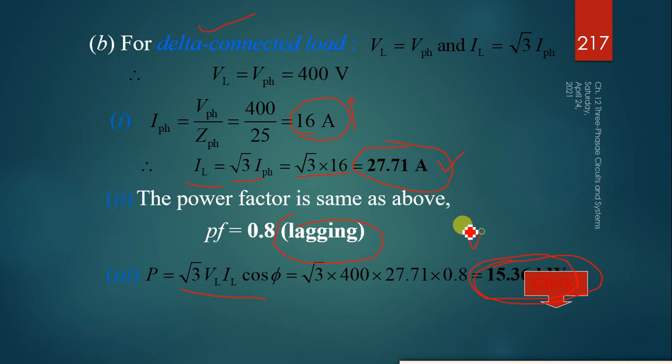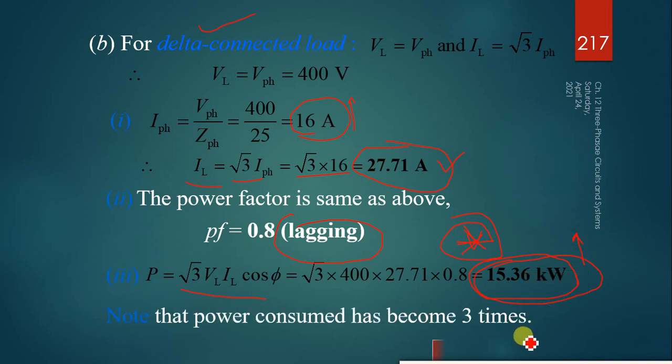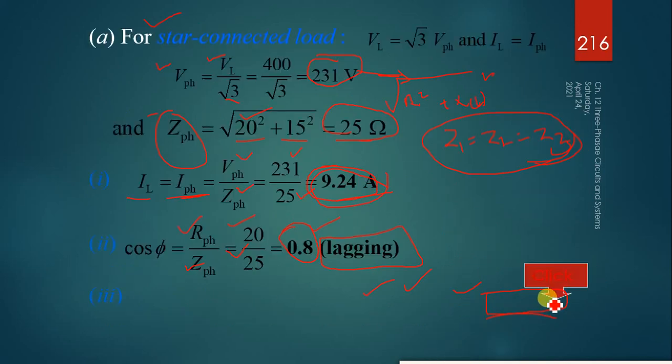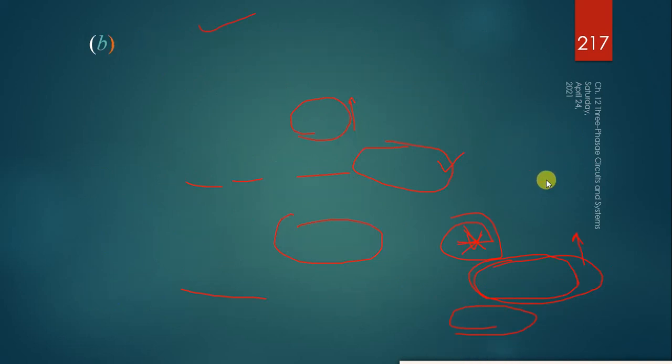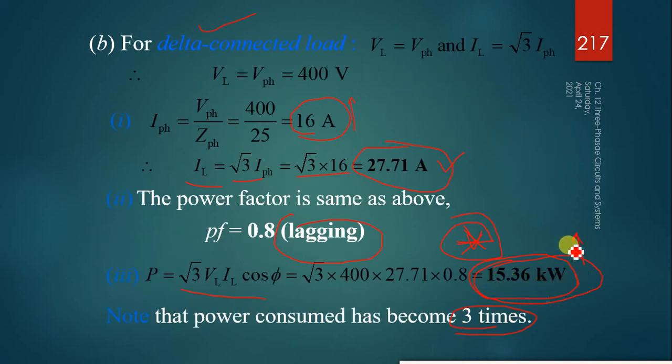No. The load is not properly balanced in delta, and that's the reason you are consuming more power. The power consumption has become 3 times more. Have a look: 5 kilowatts in the case of a star connected network, and in the delta connected network it is 15 kilowatts. So delta connection is for sure a power hungry network, but you cannot apply it everywhere.